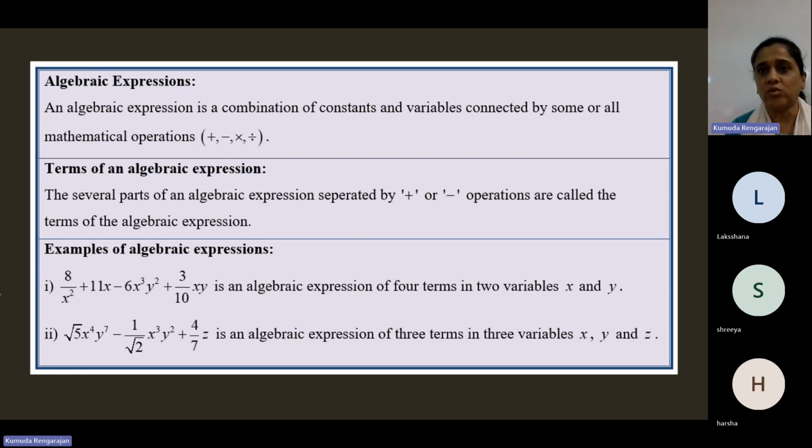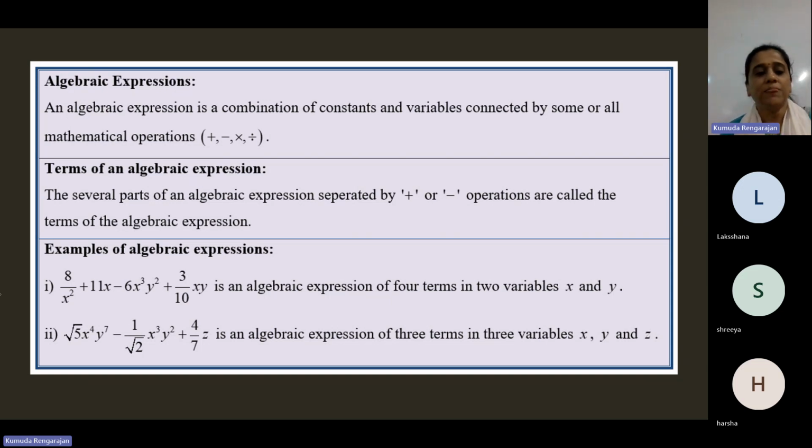So 8 by x squared is the first term, plus 11x, or simply 11x, is the second term, minus 6x cubed y square is the third term, and plus, or it's okay if you don't mention the plus sign, 3 by 10xy is the fourth term, correct?